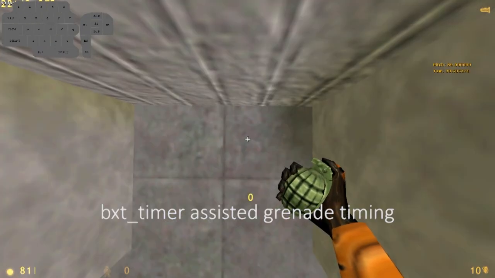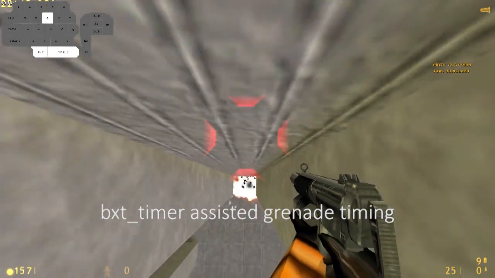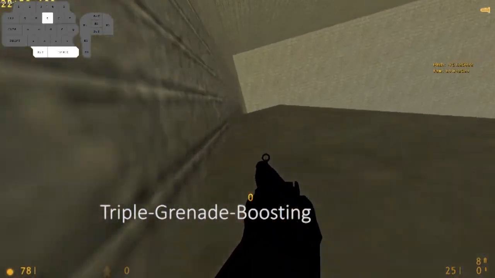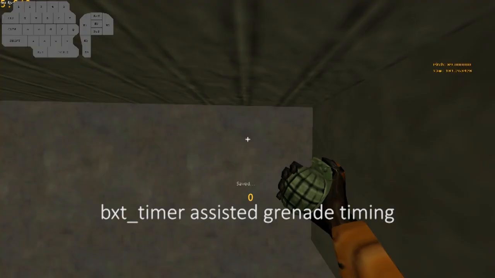In principle, and with a clean execution, it can be said that only the max height of Half-Life maps of 8,192 units seems to be the limit for upward grenade jumping.